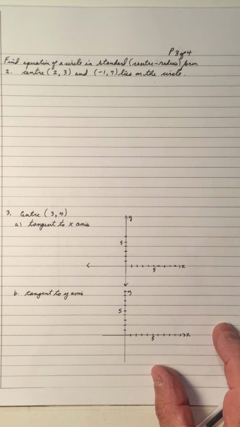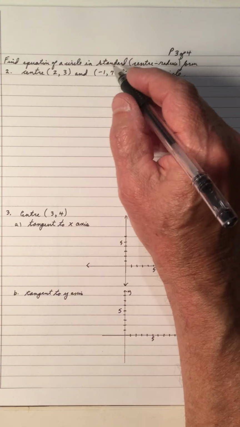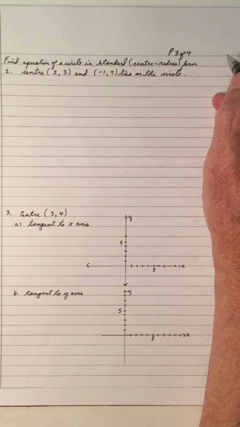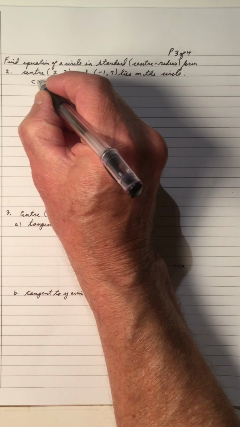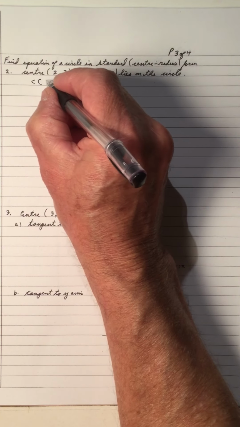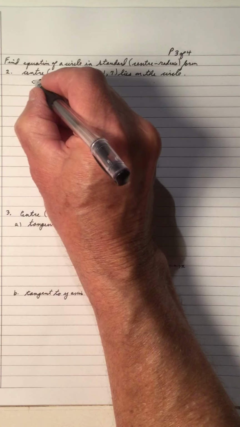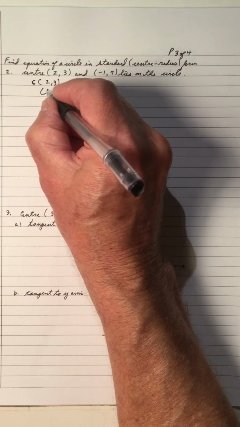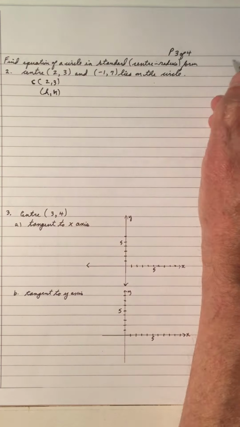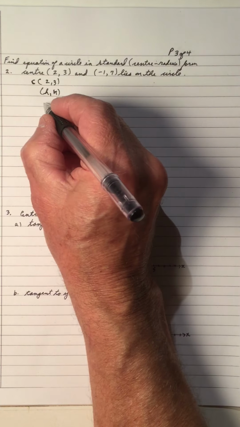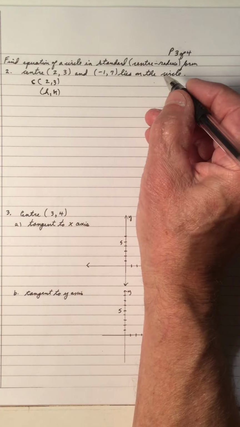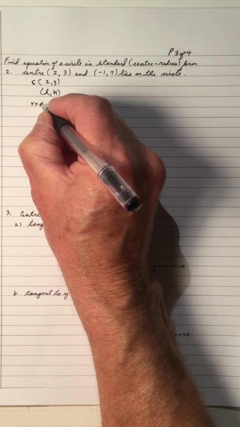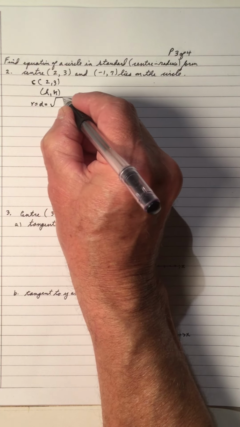And number 2, we have a center of 2, 3, and a point negative 1, 7. So that's the center of the circle. So that's the h and k. So what we need is the radius. So to get the radius, we use the distance formula, or we can say the radius is the same as the distance formula.